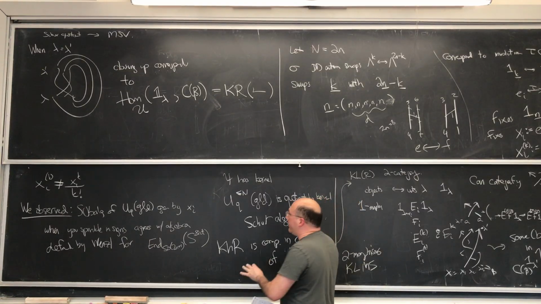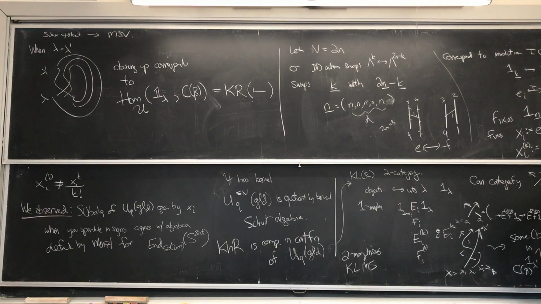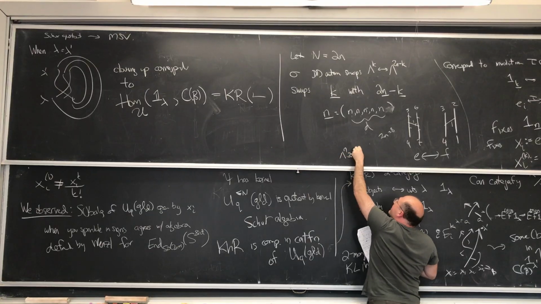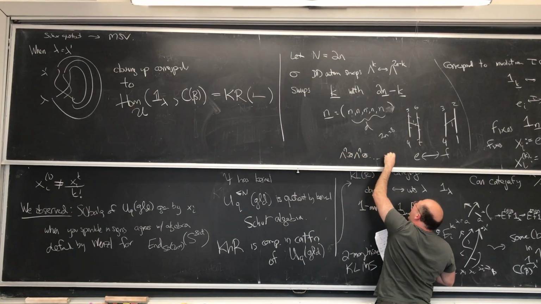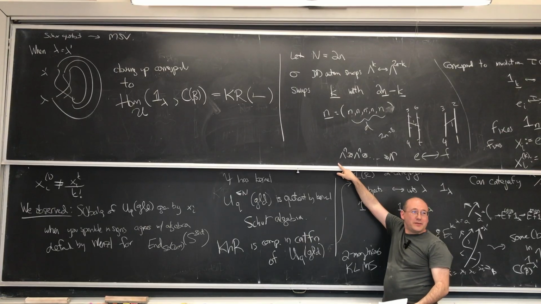Okay, and I want to reiterate, these xi's are acting on the weight space n. That weight space corresponds to wedge n tensor wedge n tensor dot dot dot tensor wedge n, d times. And remember, wedge n is the thing that folds to the spin representation. Okay?